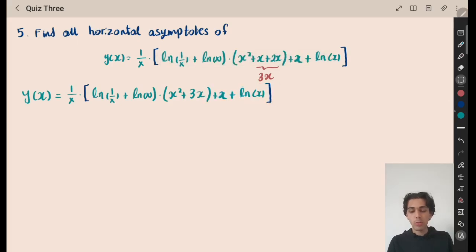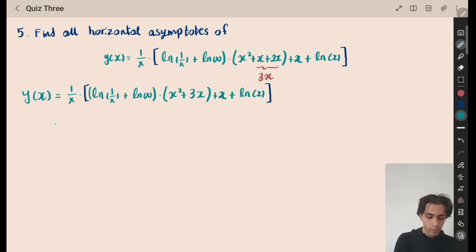So here I did 2 plus 1, that's 3, I think. And I have a multiplication by 1 over x here. Let me distribute it.